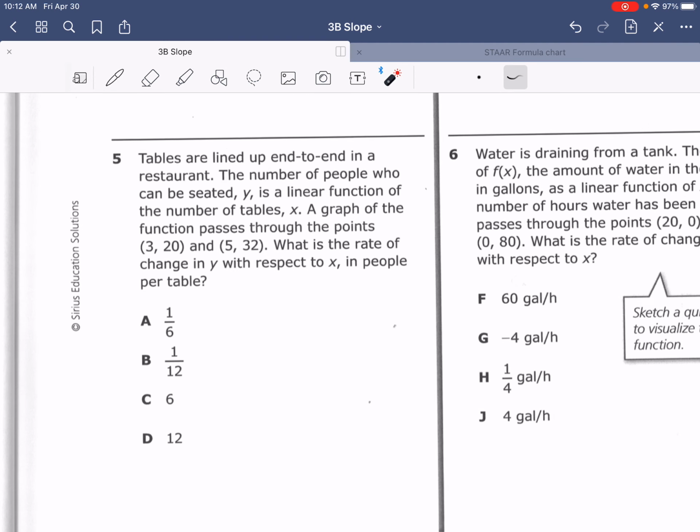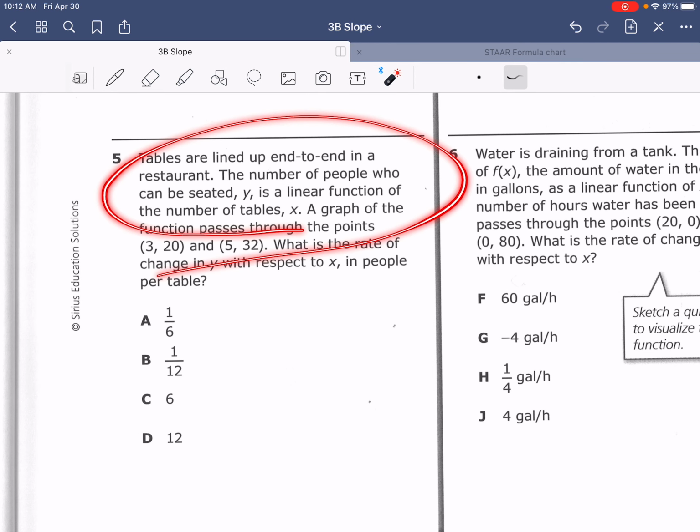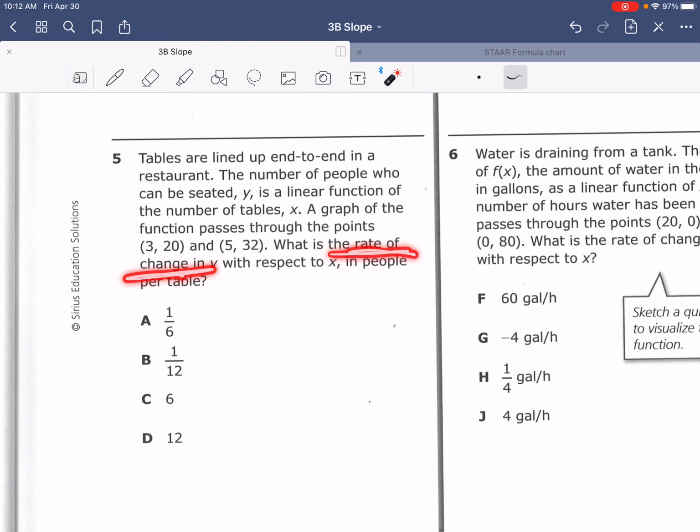Alright, question number 5. So they have all this English here, which we don't really have to read. What we have to read is, what is the rate of change? We are trying to find rate of change, which means slope, and they gave us this number. Alright? So the only thing that we have to do is to solve for it.